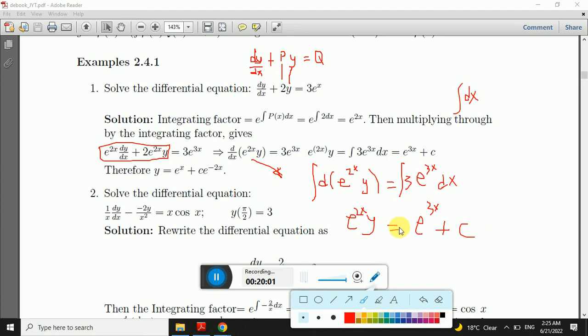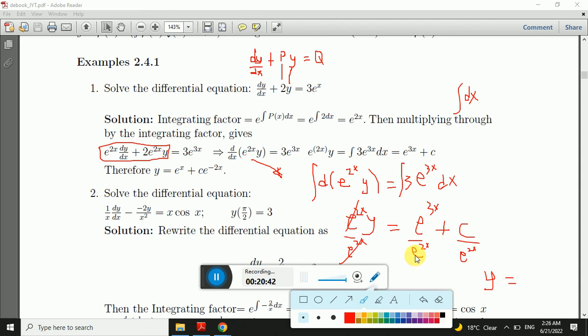But what do we want to get? We want to get y, the value of y. So to get y, that means you divide both sides by e to power 2x. So this e to power 2x and this will cancel, so that you remain with y equaling... what do you get when you divide these two?